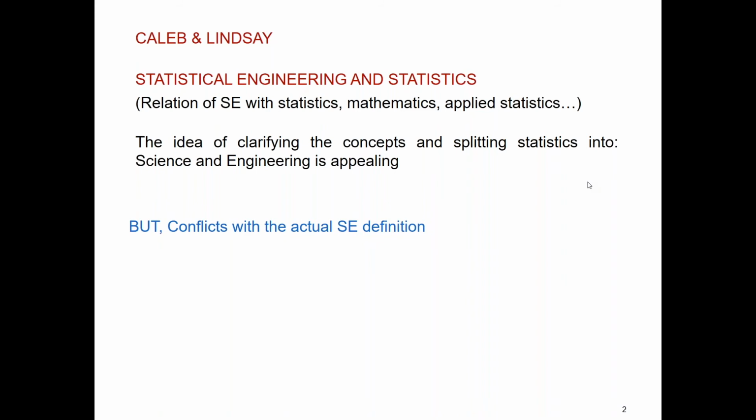The first one is the position of statistical engineering with respect to statistics, and by extension, I think, with mathematics and applied statistics and science and engineering. And at the end, they reached the conclusion that a good solution for statistical engineering is to split statistics into science and engineering. I basically agree.